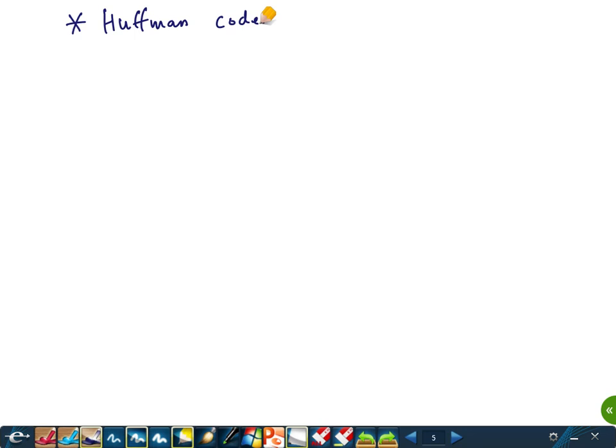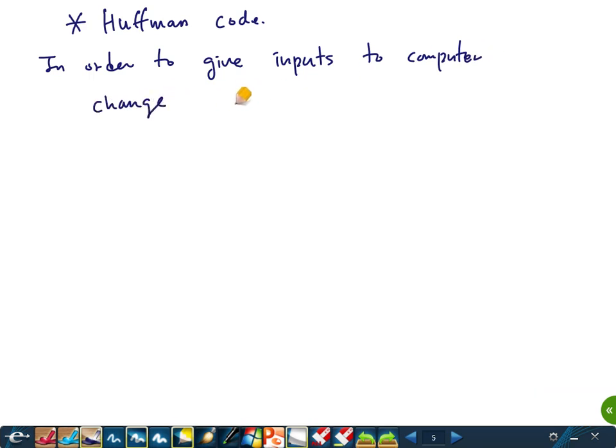So in order to store something in a computer, we need to change that into bits, zeros and ones, a binary string. Because computers can only understand bit strings, we need to change data into bit strings, 0, 1 strings.